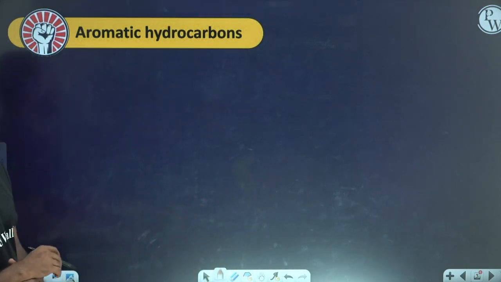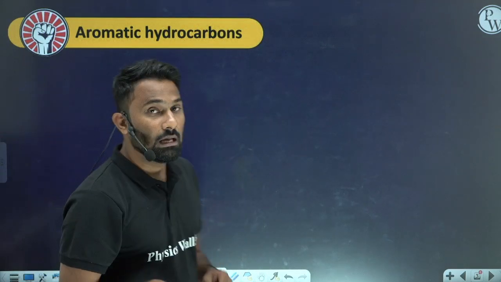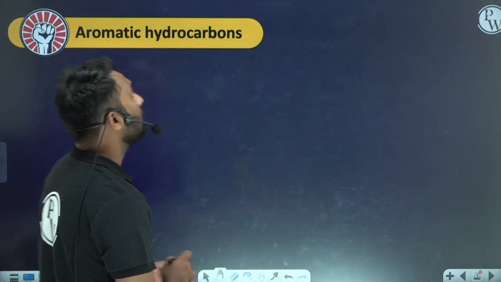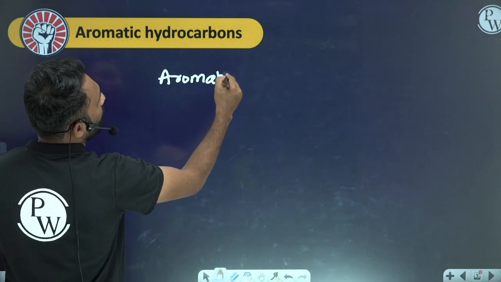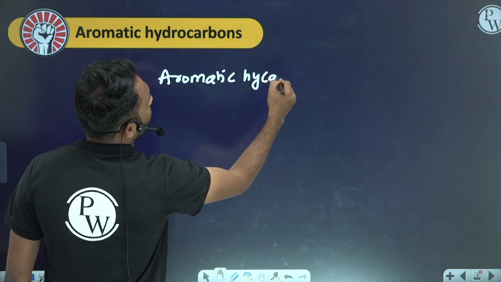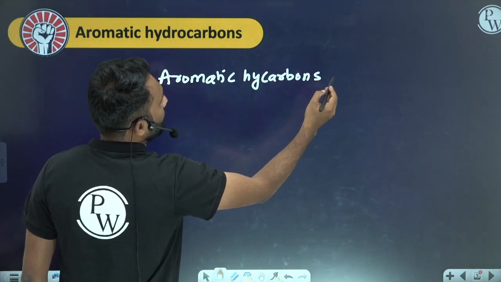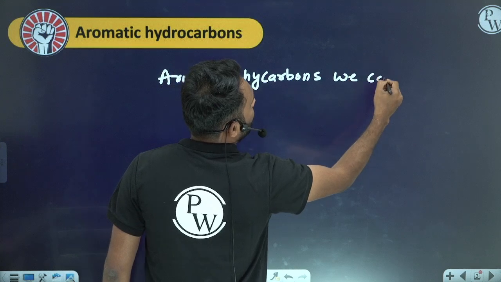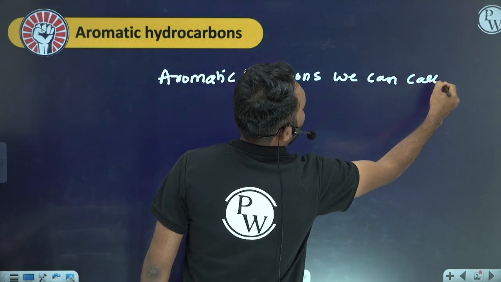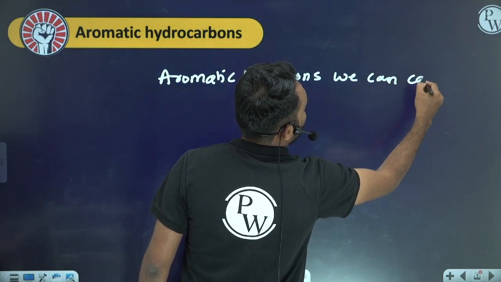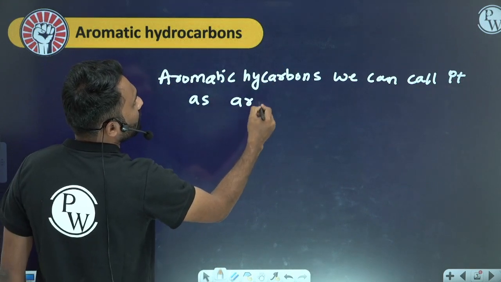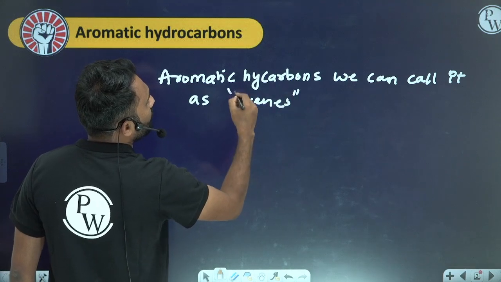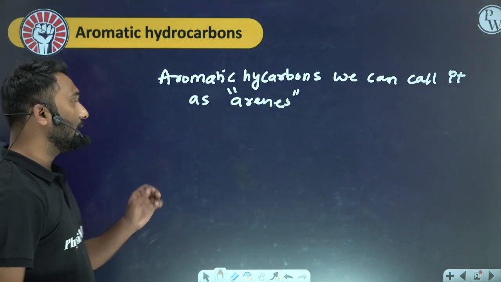Aromatic hydrocarbons, what are they? Benzene containing compounds are known as aromatic hydrocarbons. We can also call them arenes.